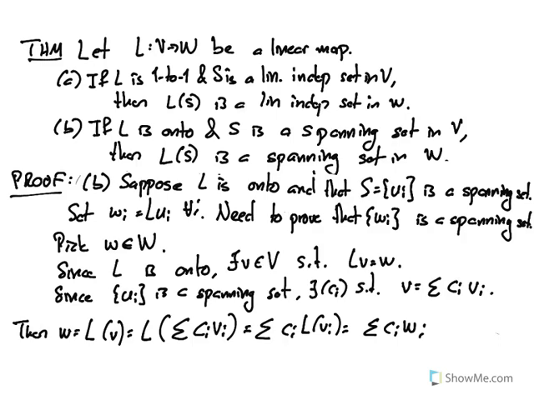So W is L of V, and we showed that W can be written as a linear combination of the Wi's. So the set of Wi's is a spanning set, and of course this was equal to L of S. And that's it.